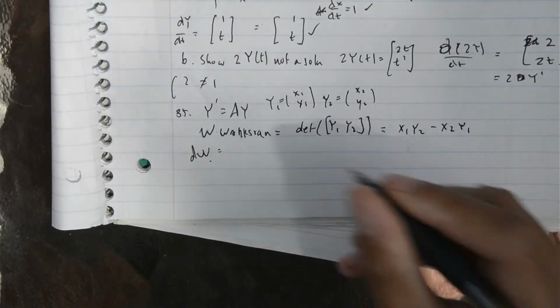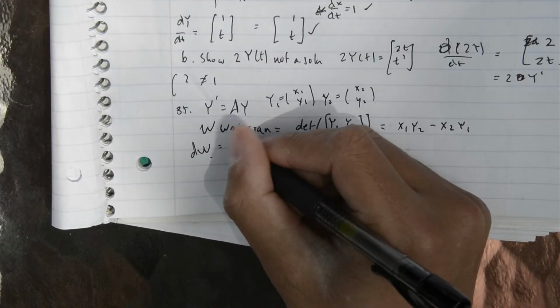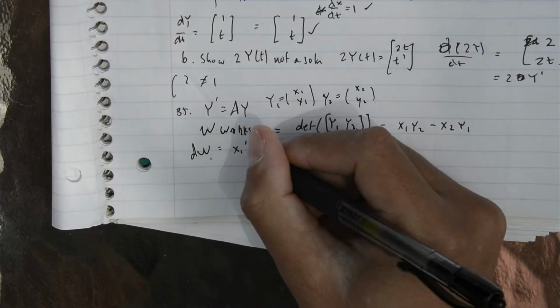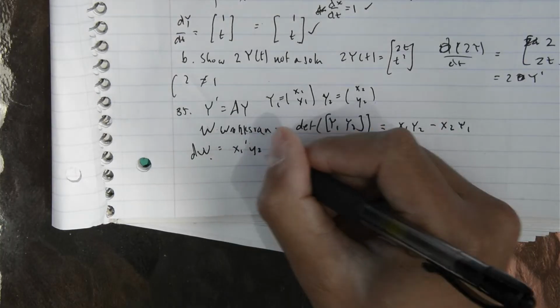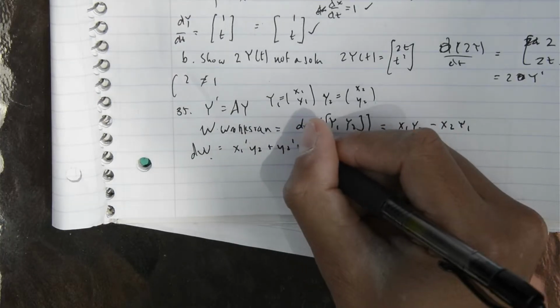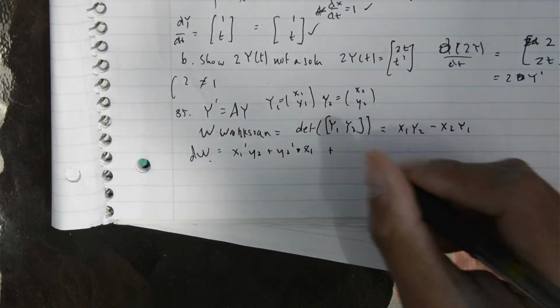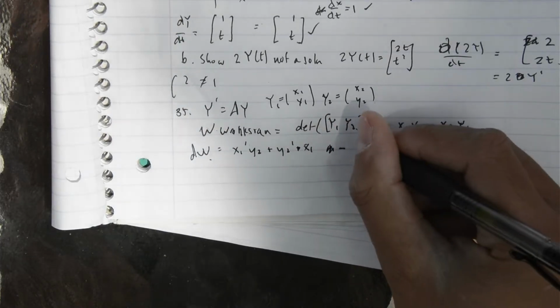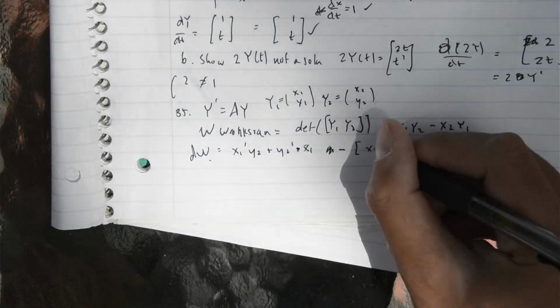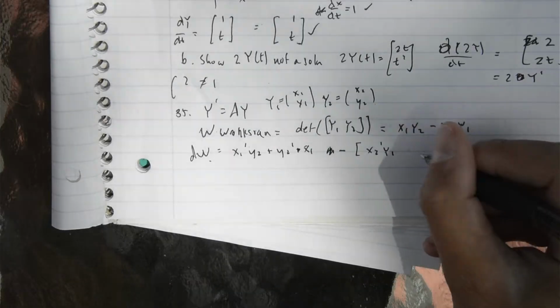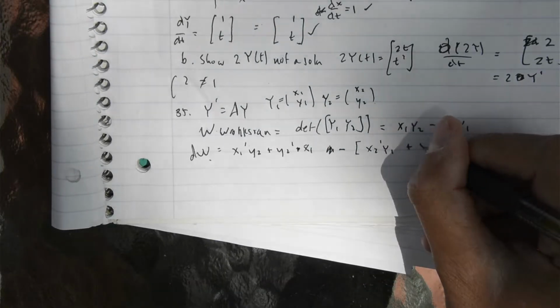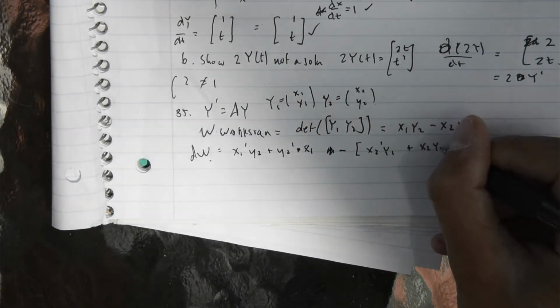dW is going to be equal to x1 prime y2 plus x1 y2 prime, minus x2 prime y1 plus x2 y1 prime.